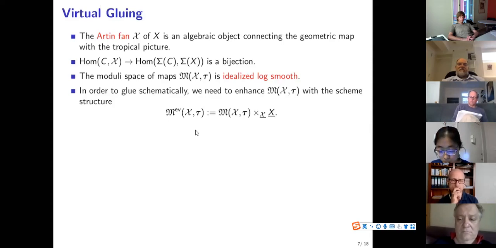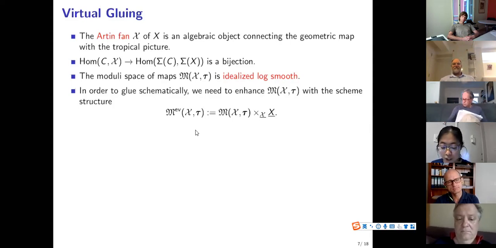And as already mentioned in Dan's talk, the moduli space of maps to this Artin is idealized log smooth, and we have a perfect obstruction theory of the moduli space of maps over this moduli space.